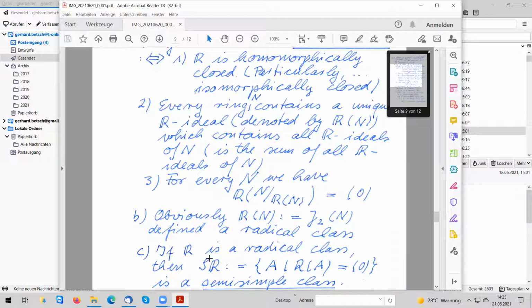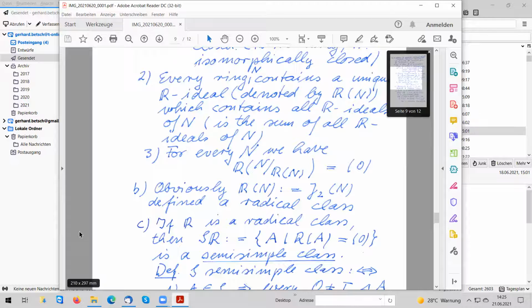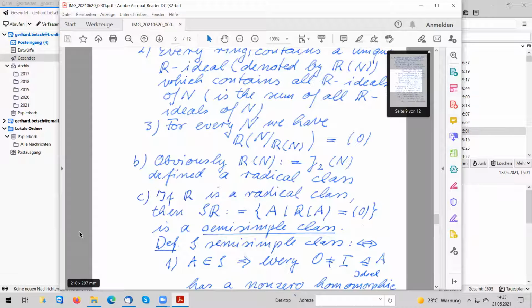Obviously, R(N) defined as J2 of N defines a radical class of rings or of near-rings. Now, if R is a radical class, then SR, the class of all A for which R(A) is 0, is a so-called semi-simple class.